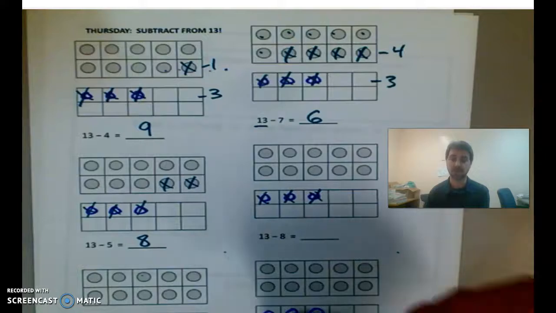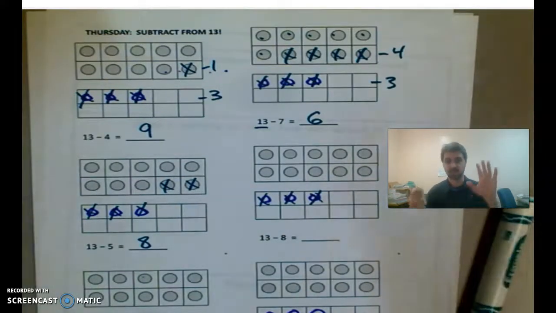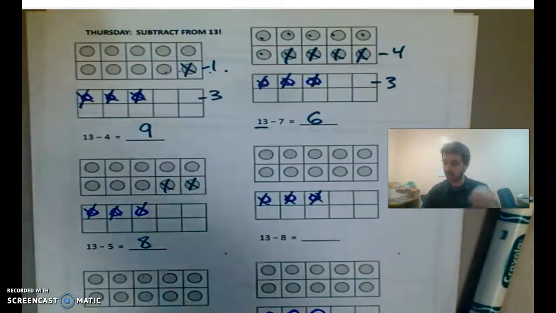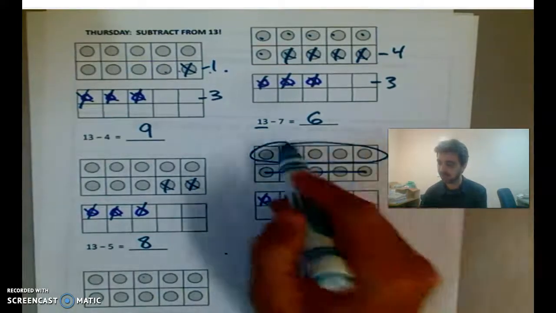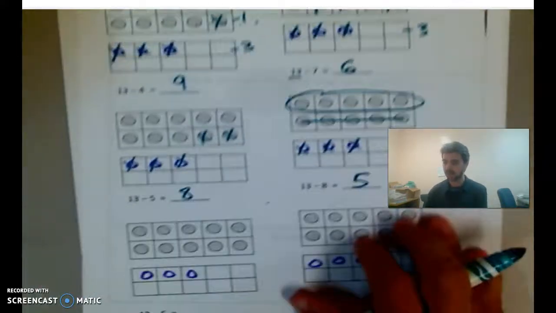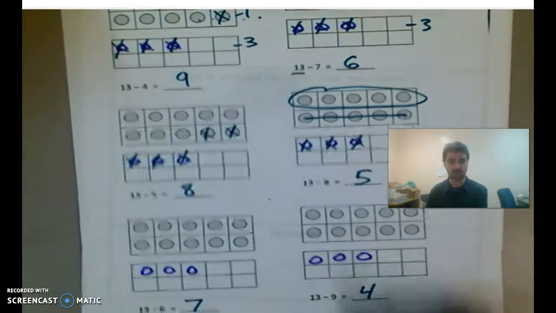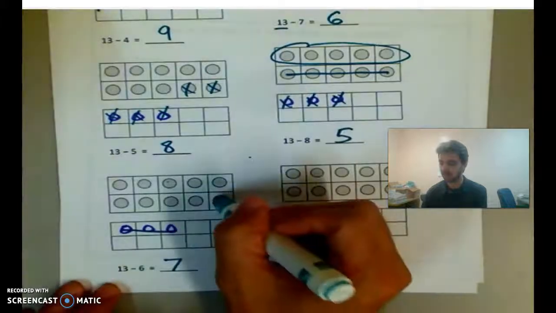You still have to take away 5 more, right? If you have 8, and you've already taken away 3, you still have 5 left to take away. So if you took all these away, you'd be left with 5. Okay, and here you would get 7, and here you would get 4, just like that. Okay, you would take away 3, take away 4 more.